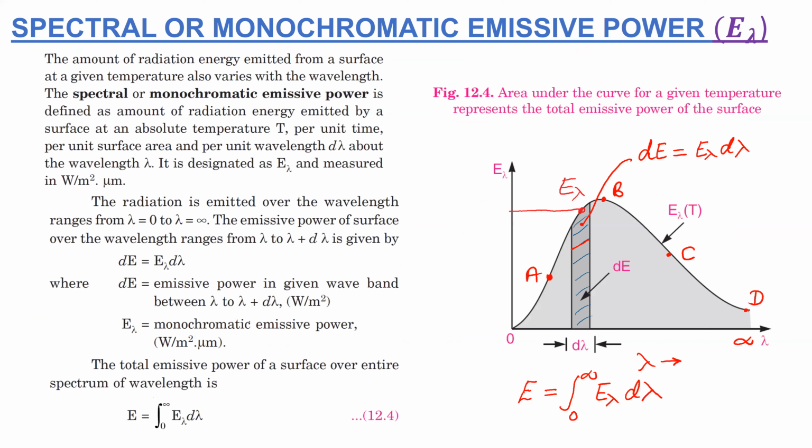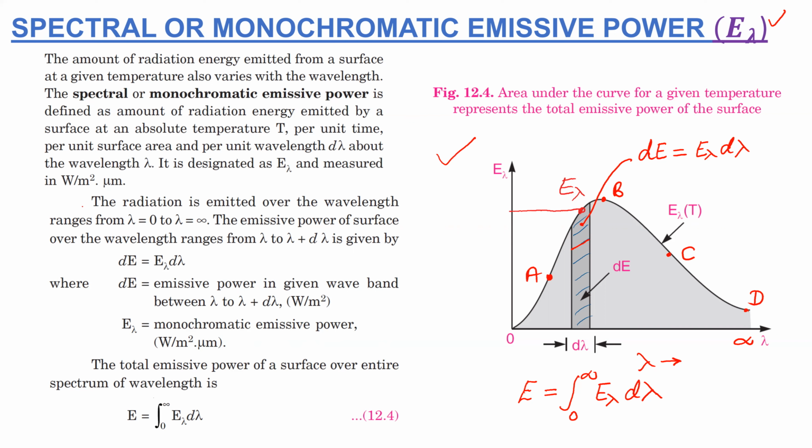Now, about the spectral or monochromatic emissive power E lambda, suppose we have to calculate the total emissive power from the spectral emissive power. We have to refer to this particular graph, shown here in figure 12.4.